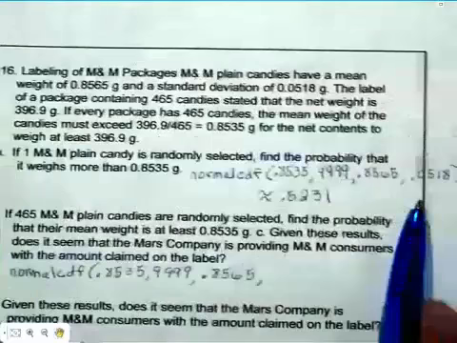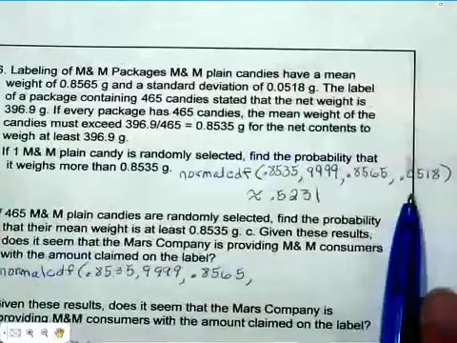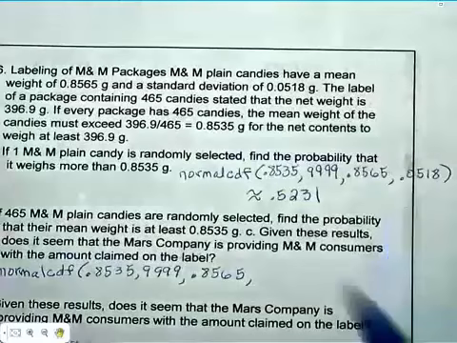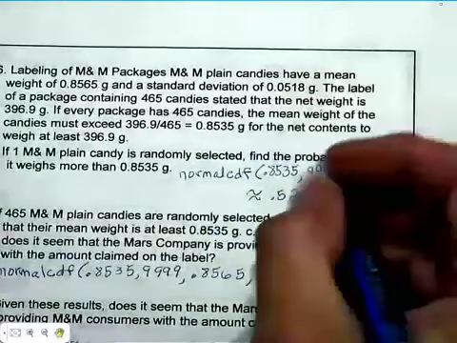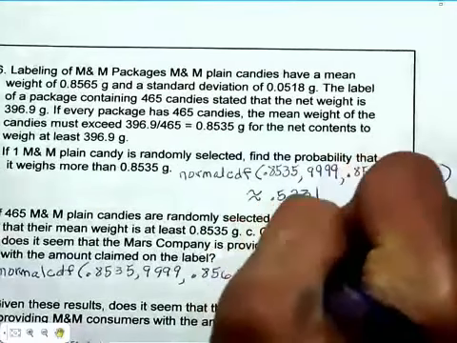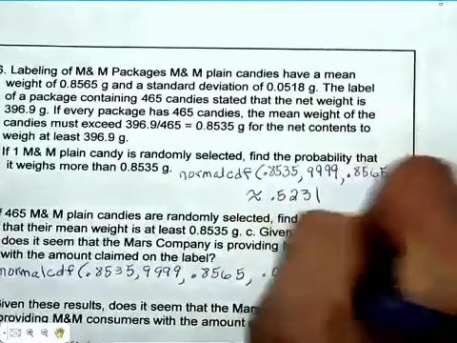Because I'm not talking about an individual M&M now. I'm talking about 465 M&Ms. So I need to adjust the standard deviation by dividing it by the square root of 465.